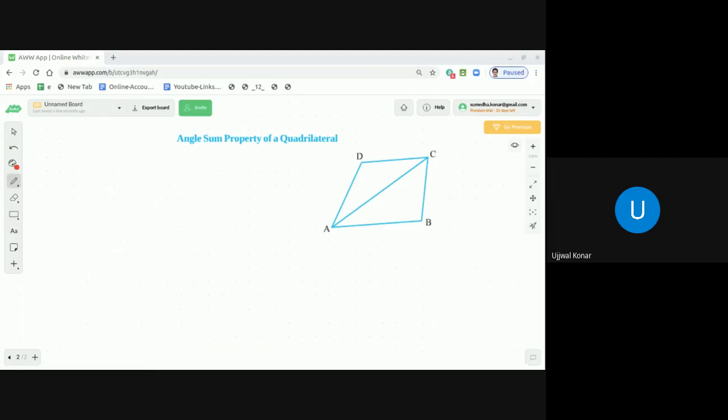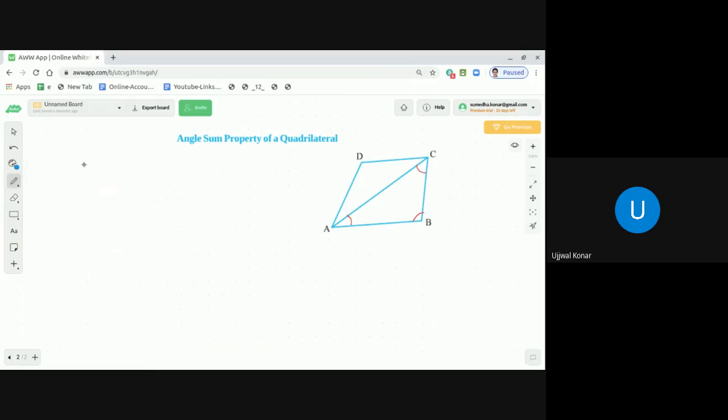Many of you are aware of it. The easiest way of proving it is something like this: we join AC as the diagonal. Then what we get, this angle plus this angle plus this angle is 180 degrees. Correct, my dear students?